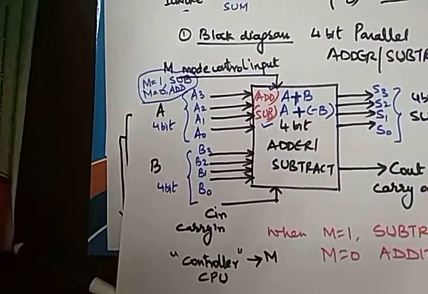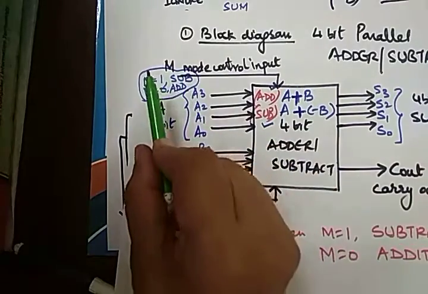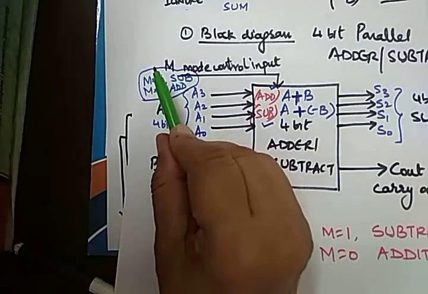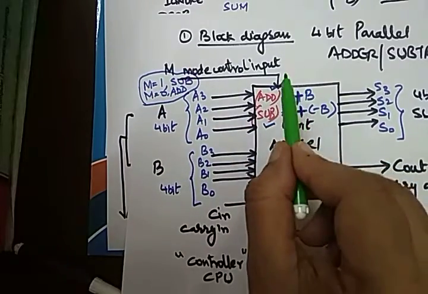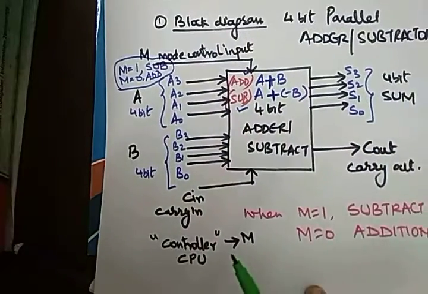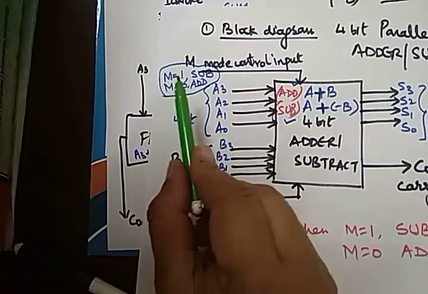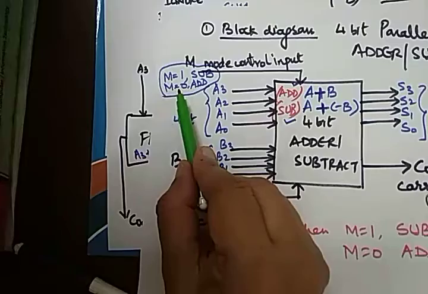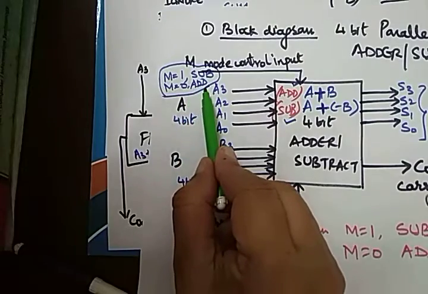Now, just like we saw in the block diagram, there is a very minor change. This was the block diagram. There's one minor change of the mode control input being added in a manner so that when M is 1, the circuit subtracts. When M is 0, the circuit should add.